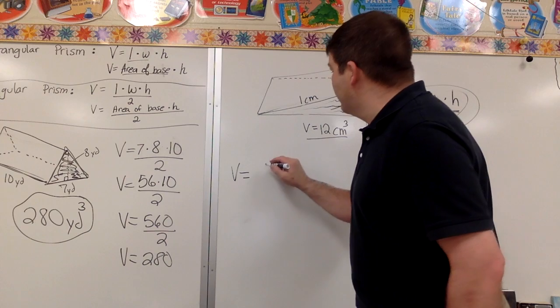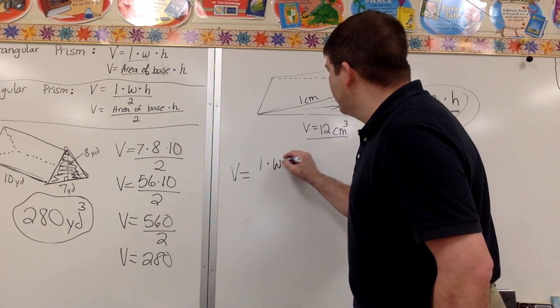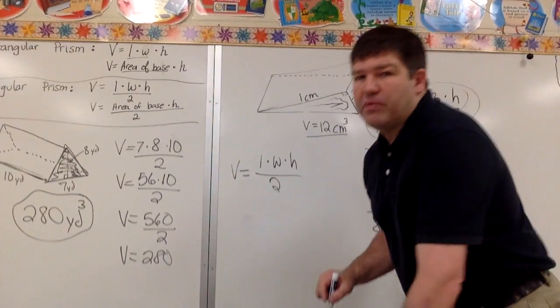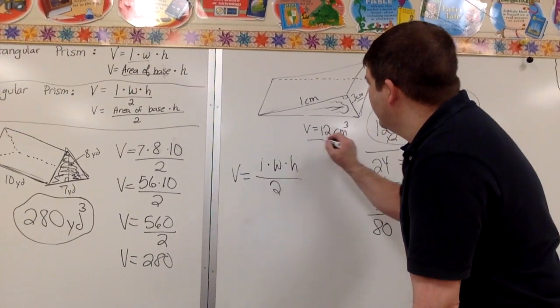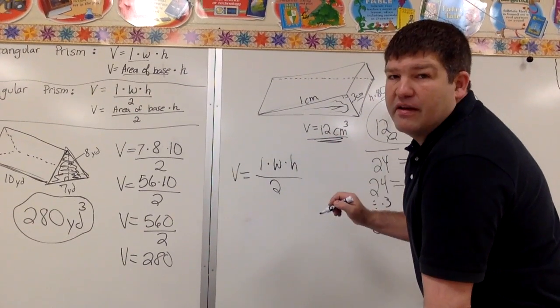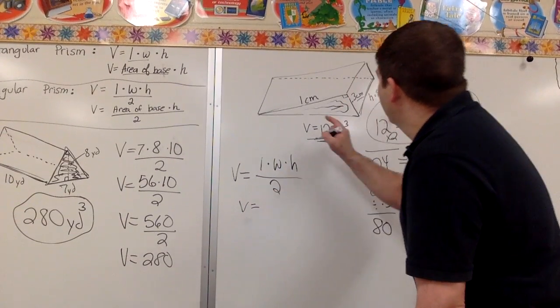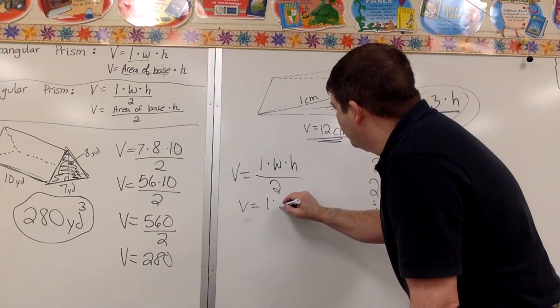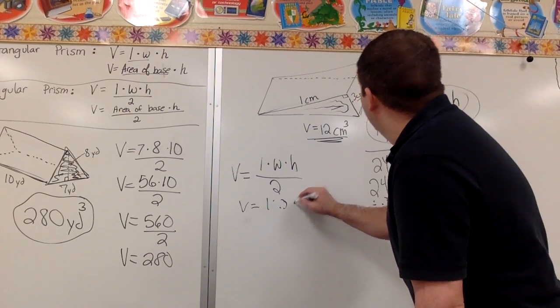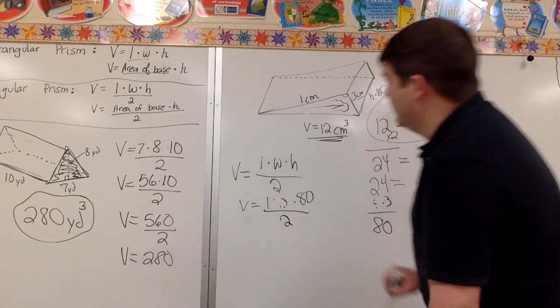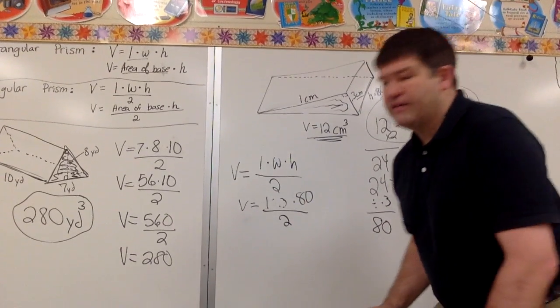So volume equals length times width times height divided by 2. I'm going to plug it in. And if I solve this and I get this, I know that 80 is the correct answer. Okay, so volume equals 1 times 0.3 times 80 divided by 2. Let's see what I get.